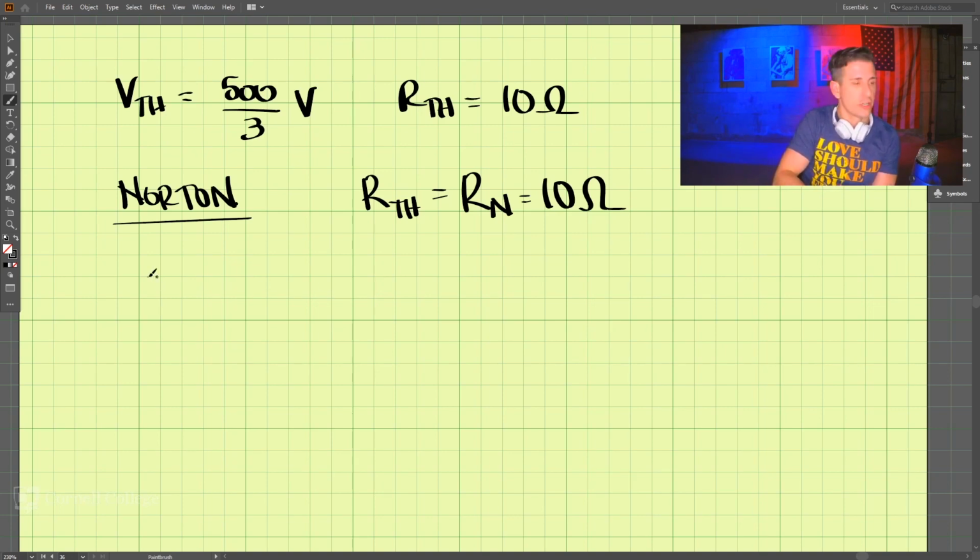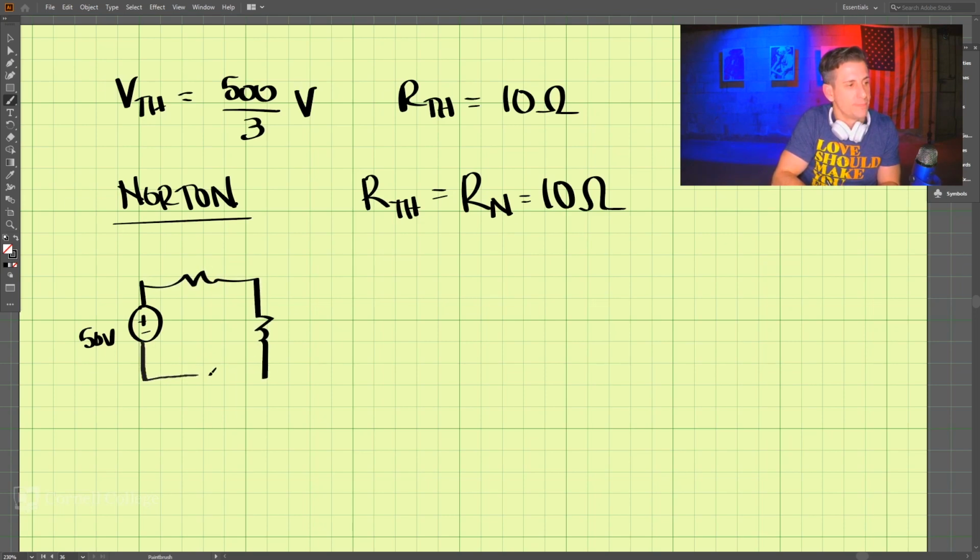So we draw the circuit, we turn the independent sources back on. So we have 50 volts and 3 ohms, 6 ohms. And so this is 3 ohms, this is 6 ohms, and this is Vx here.